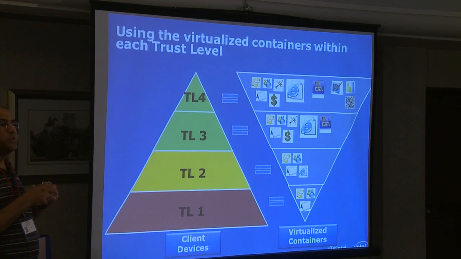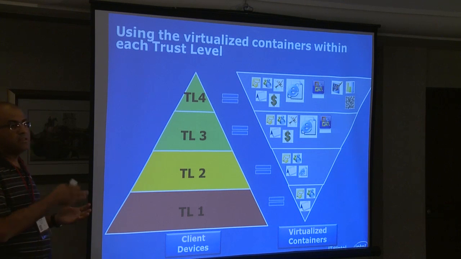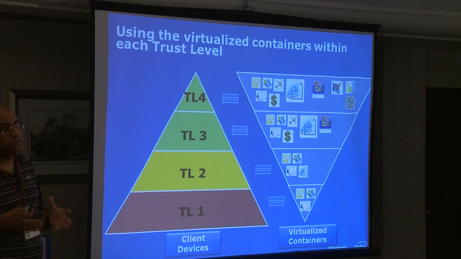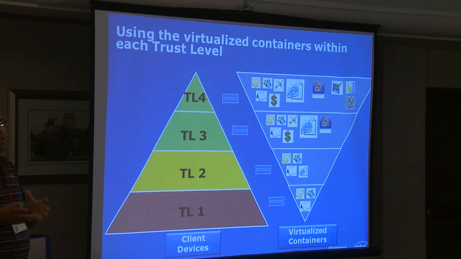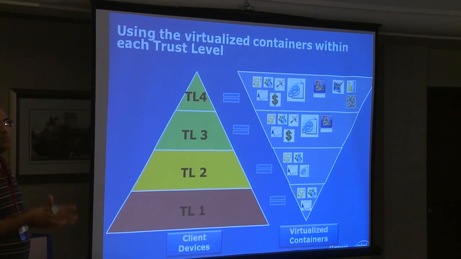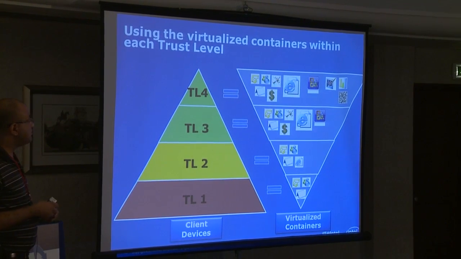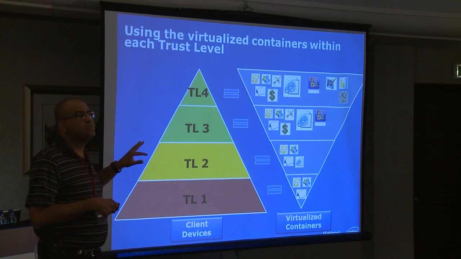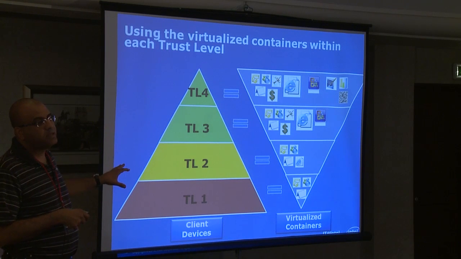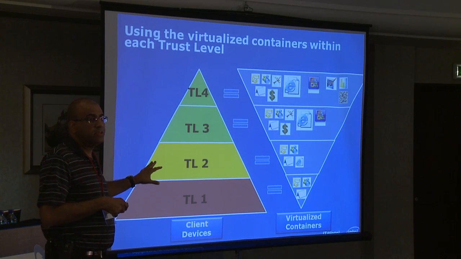And once again, because we have the capability of enabling those virtualized compartments to be available, either the business data, mail, applications, we are giving the appropriate set of data and applications based on the trust level of the device. So this is how we see virtualization also as an enabler to enhance the security posture of the client.